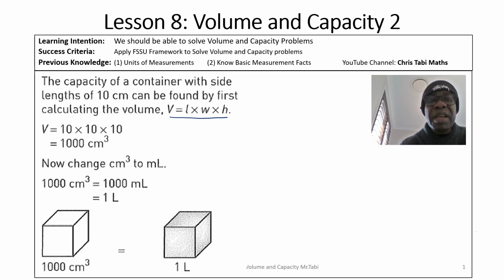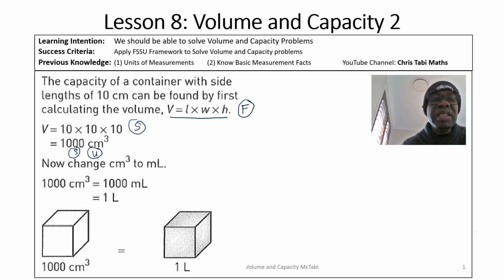So with the FSSU, once you've written down the formula, you do the substitution. In this case, it will be 10 by 10 by 10, and we simplify, and that's the units. So 10 by 10 by 10, that's 1,000 cm cube.